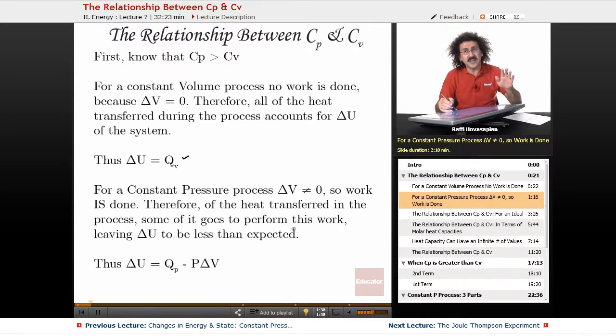Heat goes in, but part of that heat is used to do work in the expansion, leaving delta U to be less than expected. Thus, the change in energy is equal to the heat transferred minus the energy lost as pressure-volume work. So the change in energy is less than the heat transferred, whereas for a constant volume process, all of the heat accounts for the energy change.